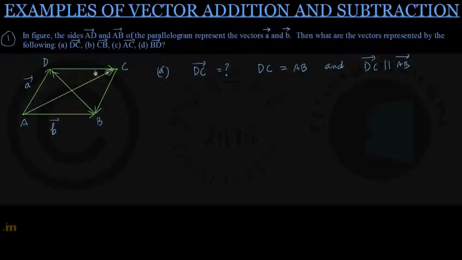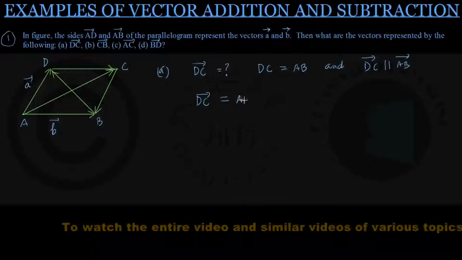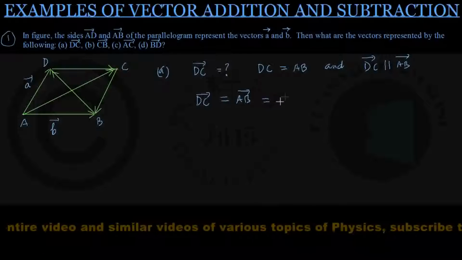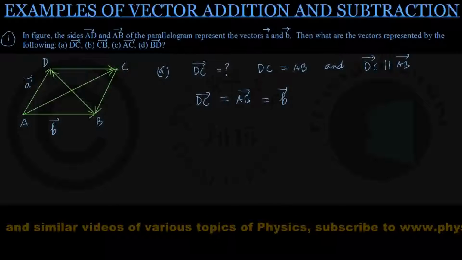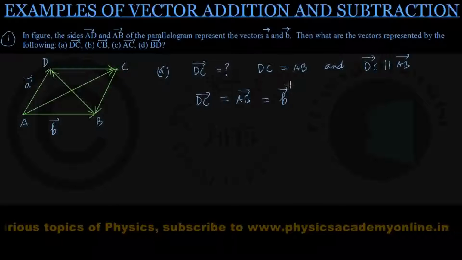So since DC from left to right and AB, that is from A towards B, have same sense, they are parallel and they have the same length, we can conclude very safely that the DC vector is same as the AB vector, and both of them represent the same vector, that is B. Now that is the first part of the question. Well, it's a cakewalk, to be very honest. It's a very simple problem.